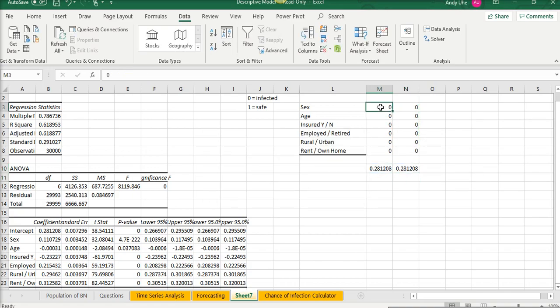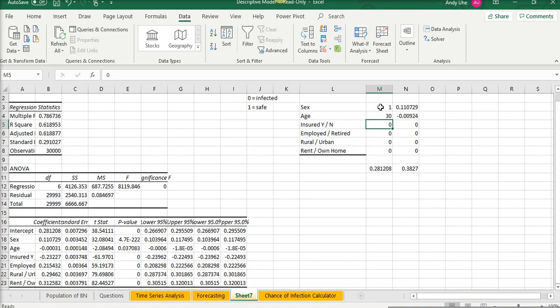And so what happens is if it's a man, we expect this number to increase because men are less likely to be infected, so 0.39. If they're 50 years old, this is not our 1 or 0, this is an actual age for this one. It impacts it.